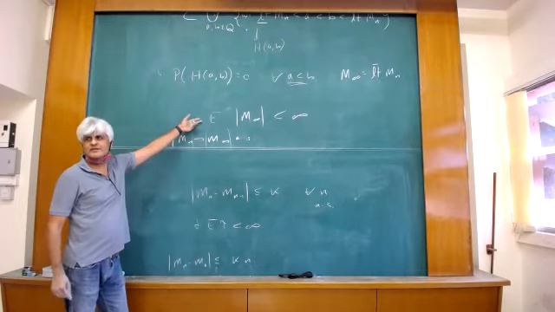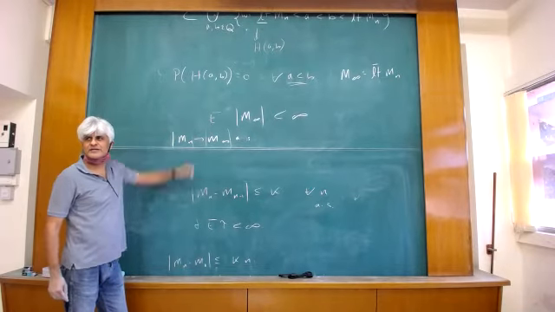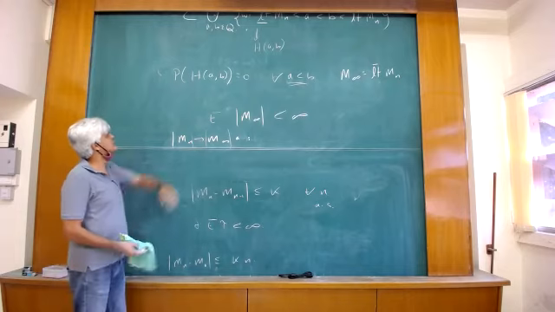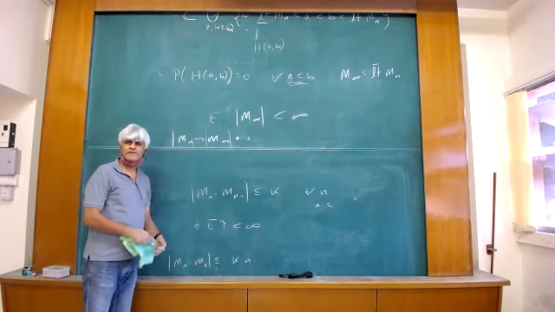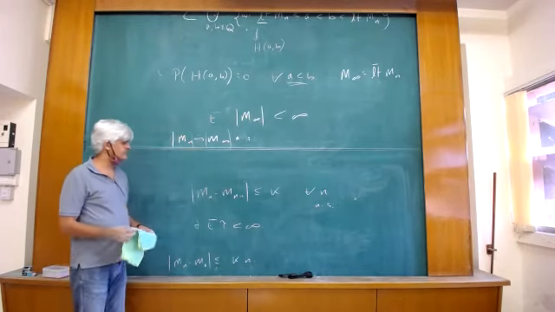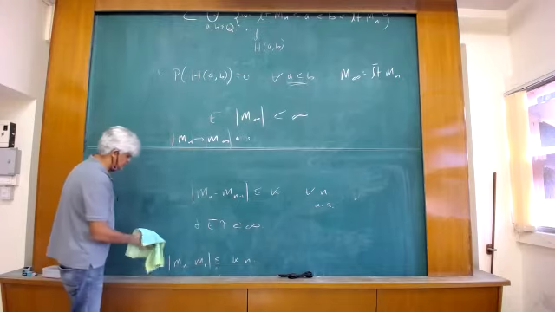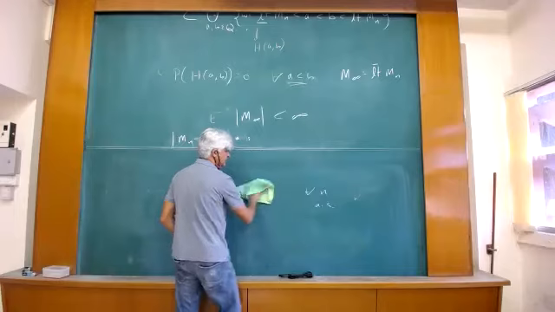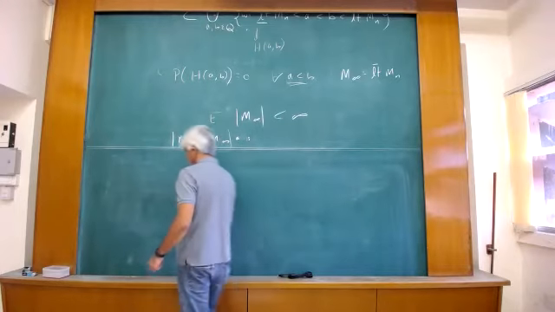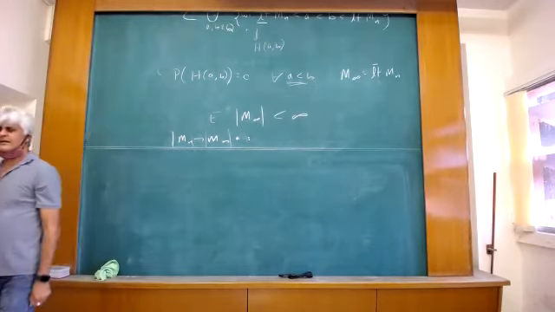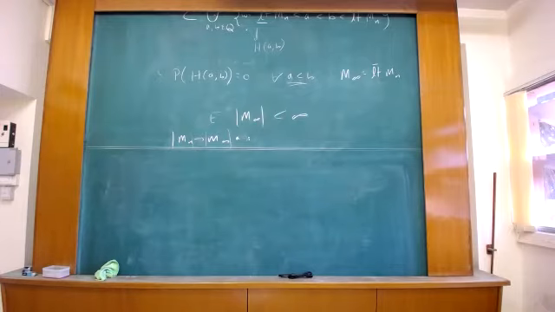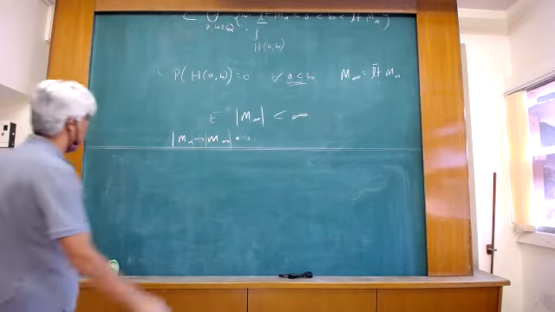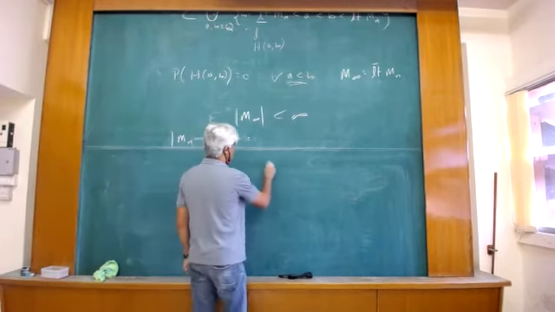So why is this true? Assuming this is true, why is this true? If the expectation is less than some absolute constant K, that means the limit will also be less than that constant. Each of these, the supremum of E of |Mn|, is less than K. That's a great point.